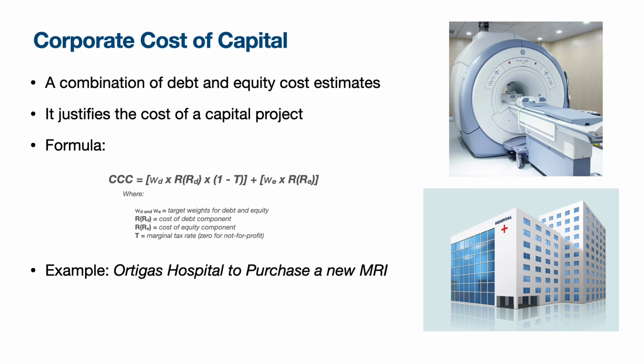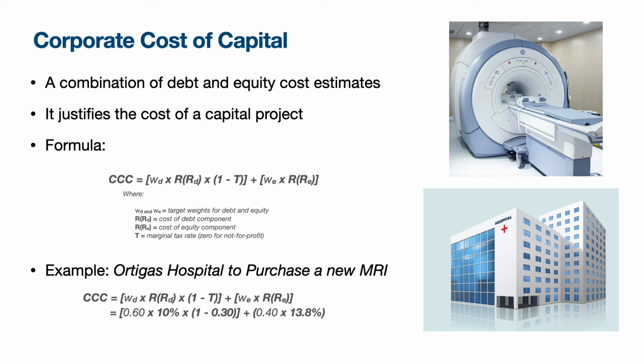consider OHHC has a target capital structure of 60% debt and 40% equity. The company's before-tax cost of debt is 10%. Its tax rate, or T, is 30%, and its cost of equity is computed to be 13.8%.